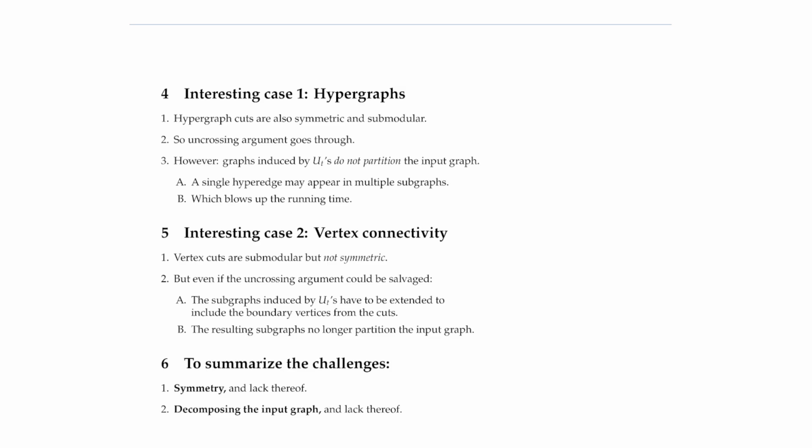hypergraphs. So hypergraphs, as mentioned, are still symmetric and submodular, so some kind of uncrossing argument goes through. The issue comes in that partitioning stage. If we do the uncrossing on hypergraphs, we will split up the vertex set into different parts.